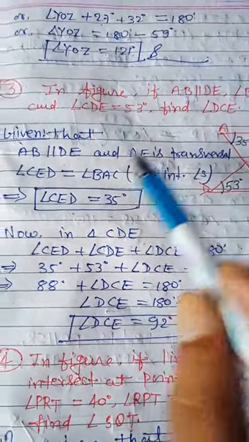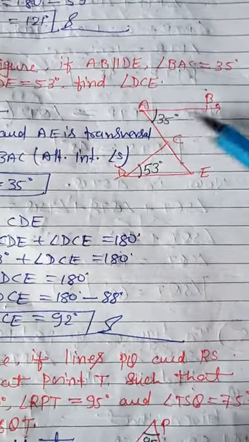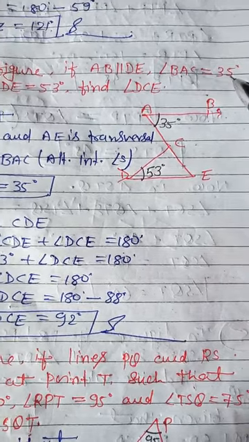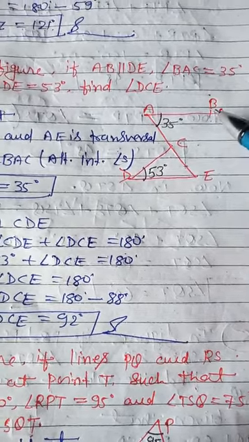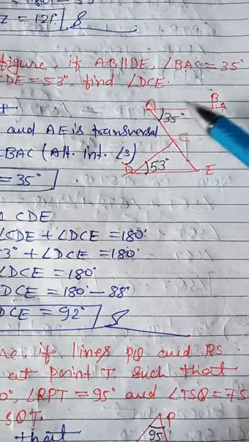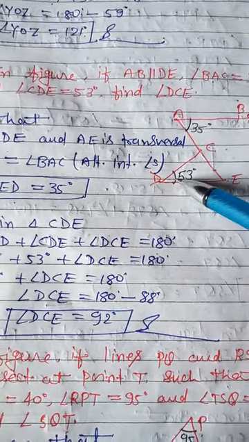Now question number 3. In the figure, AB is parallel to DE, angle BAC is equal to 35 degrees. This one, BAC, is 35 degrees and CDE is 53 degrees.